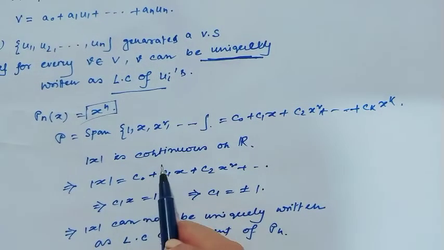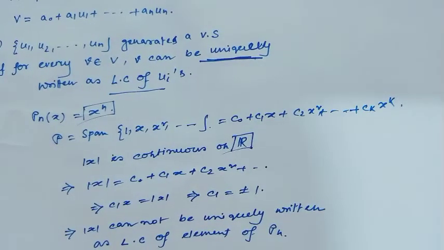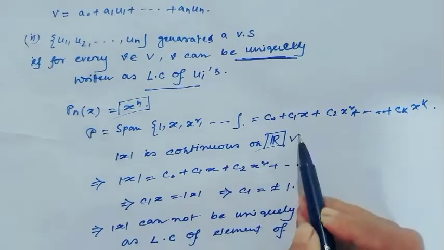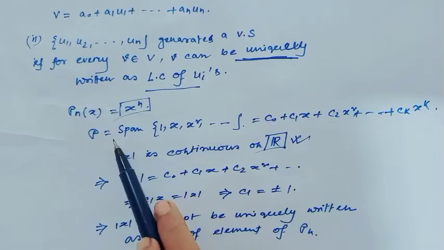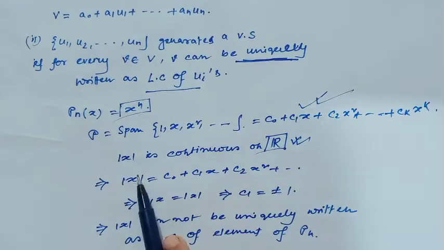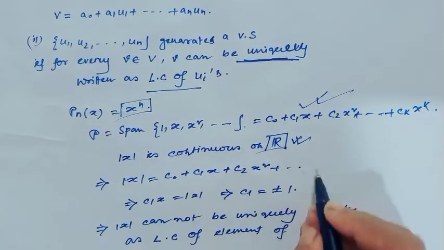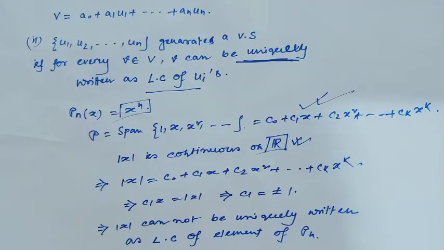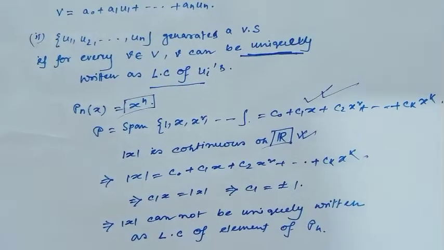We all know mod x is always a continuous function on R. If mod x is a continuous function on R, and P is the spanning set of this linear combination, then mod x equals C0 plus C1x plus C2x square plus up to Ck x to the power k, a finite linear combination, where k is any large number.